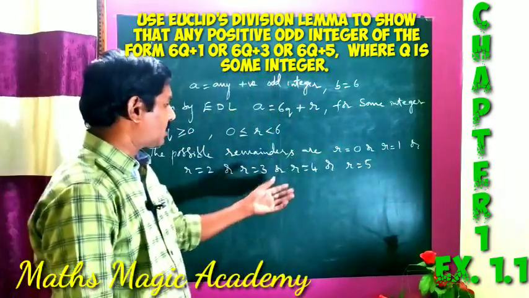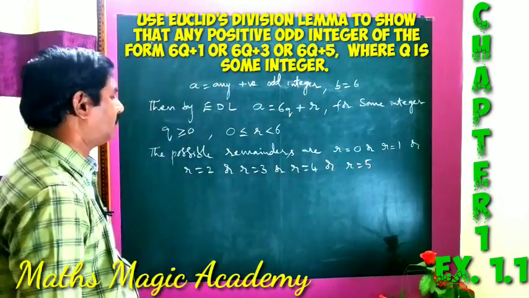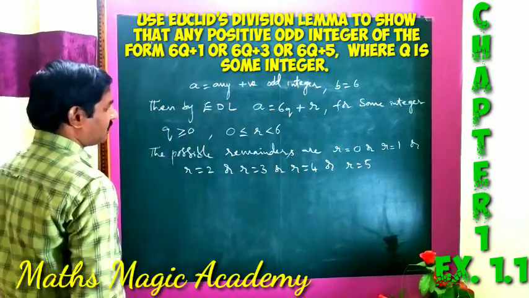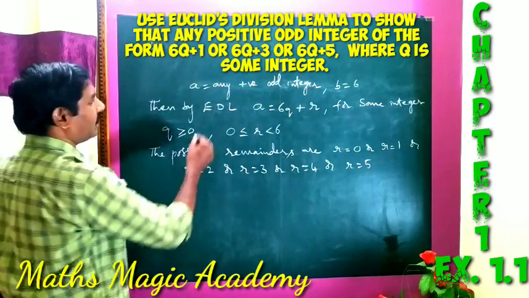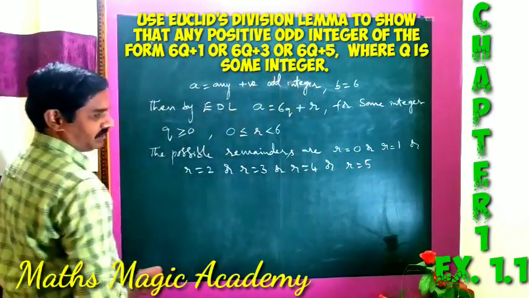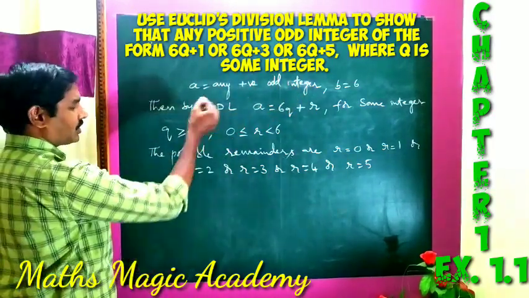These are all the possible remainders. Now we will check each and every one, to see which form is going to be a positive odd integer.